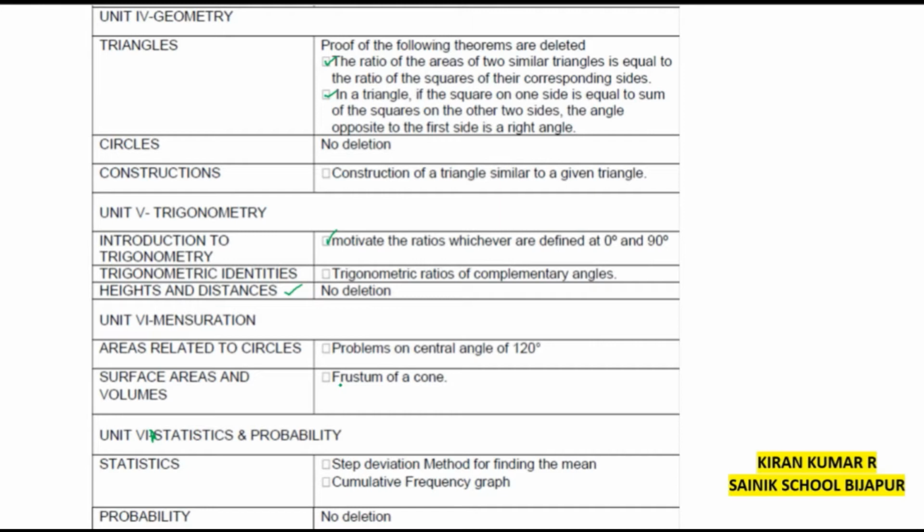You will understand the trigonometric ratios related to complementary angles. It's a base for class 11th trigonometry. The chapter heights and distances is no deletion, and this topic is very important. So I'll be covering all the topics.